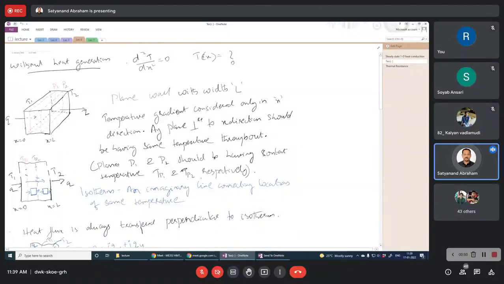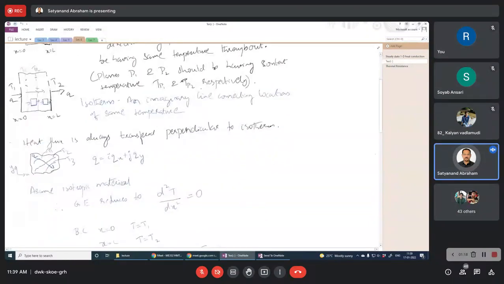The heat flux is a vector quantity, so it can be represented by vectors like i, j, and k, unit vectors in each direction, and its direction is always perpendicular to the isotherm.